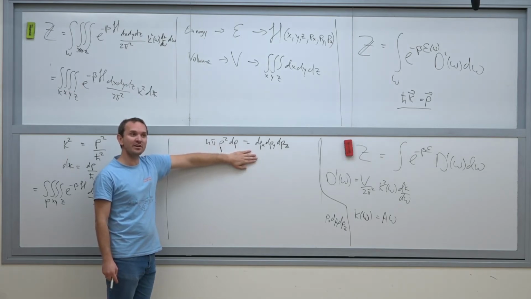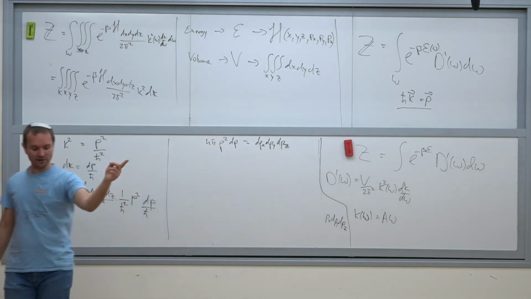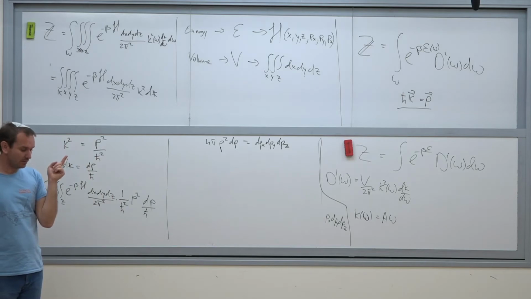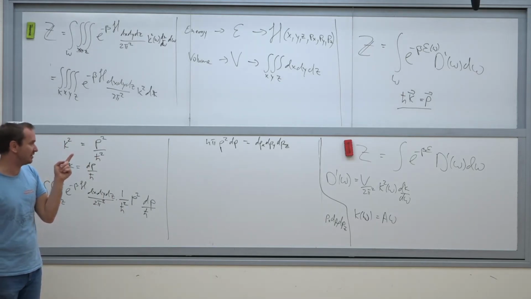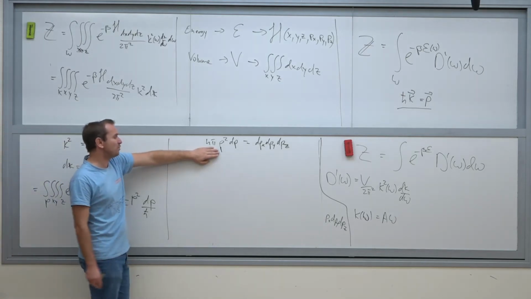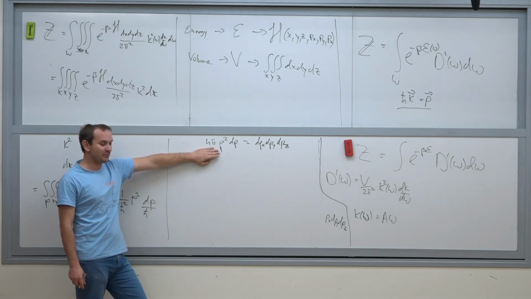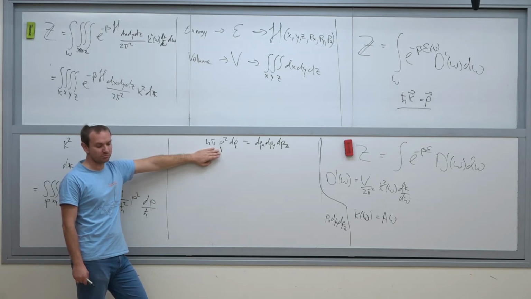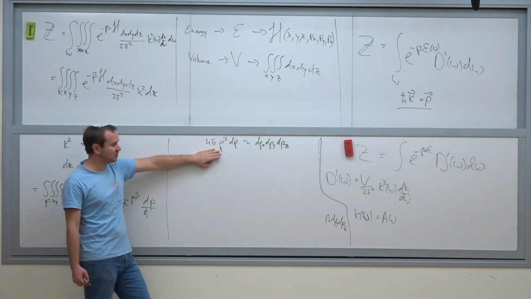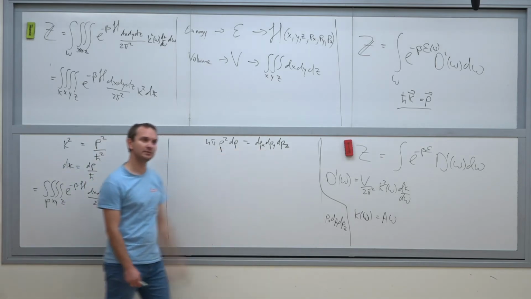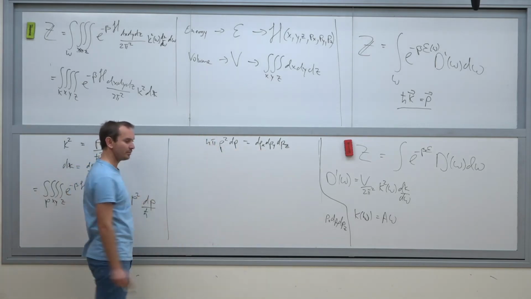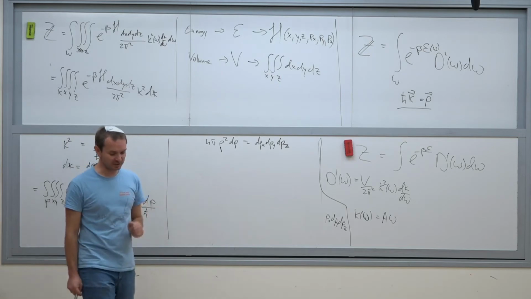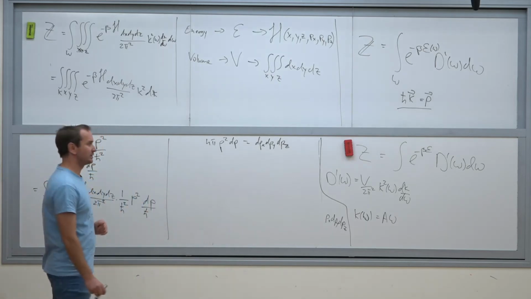So if we don't care about the exact direction, where does this 4 pi come from? It comes from integration over the two different directions in the three-dimensional space of px, py, pz. This is the Jacobian. We are going into the representation of polar coordinates.